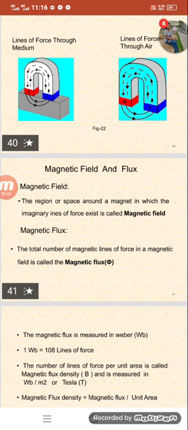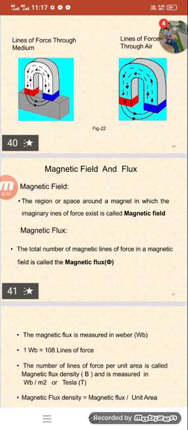One Weber is equal to 10 to the power of 8 lines of force. We indicate it by psi.